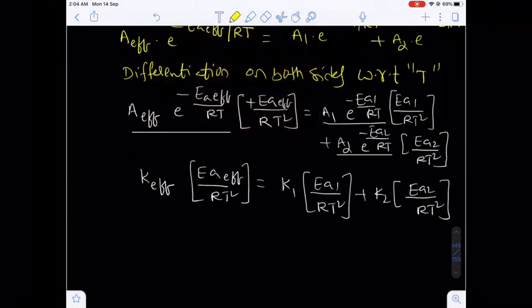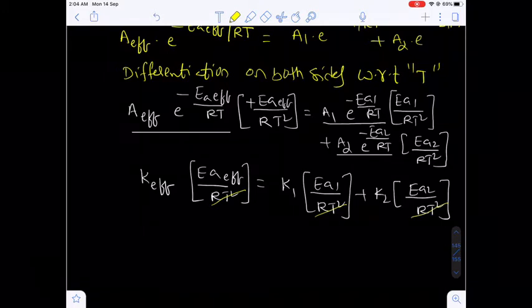Now the RT square on both sides gets cancelled out.